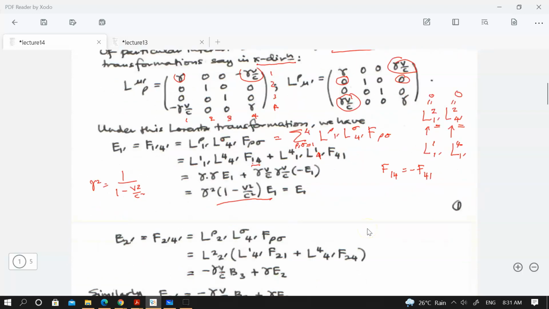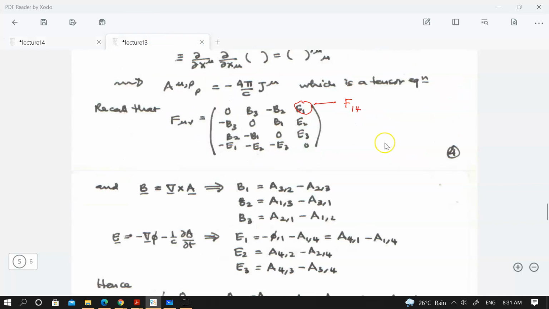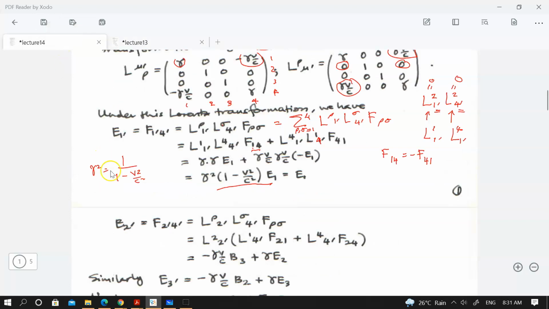That is the first component of your electric field. Now let's look at the second component of the electric field. Let me just go back to the matrix earlier. The second component of the electric field is actually here, and this is F24. So we want to see F24 in the new reference frame under Lorentz boost in the x direction.